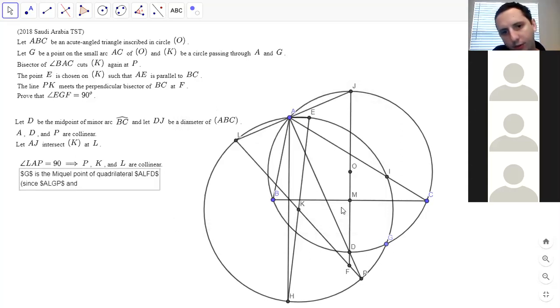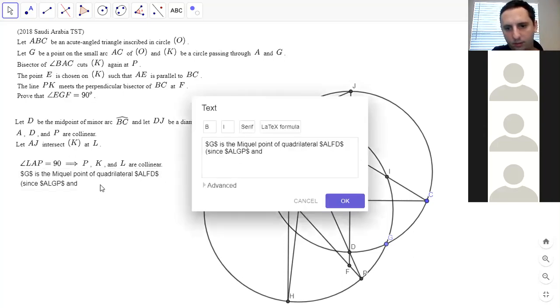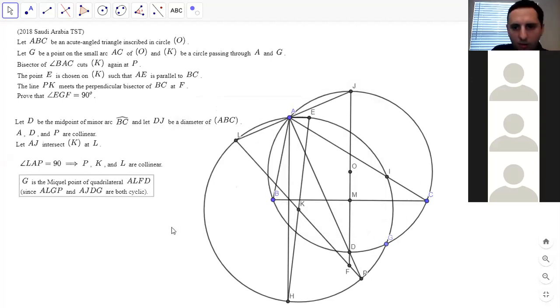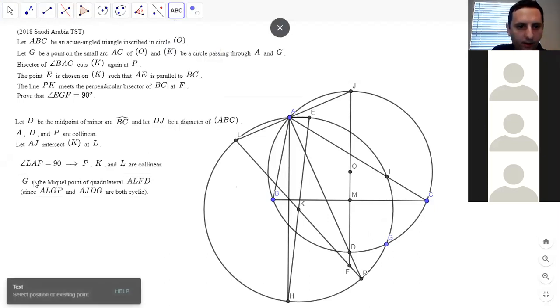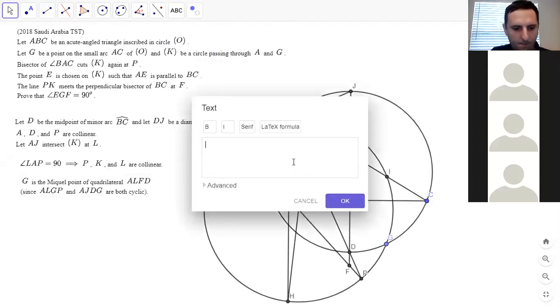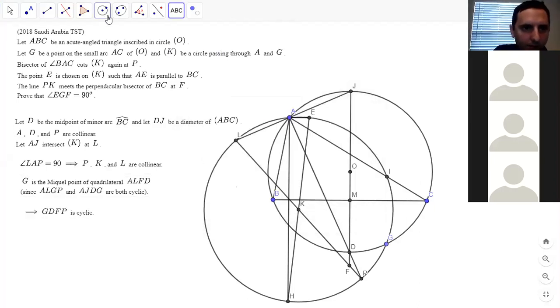So we have ALGP, and then the other one is AJDG. Those are both cyclic, so that's why it's the Miquel point. And then once we know that, that means that GDFP is cyclic. So we can draw that circle.